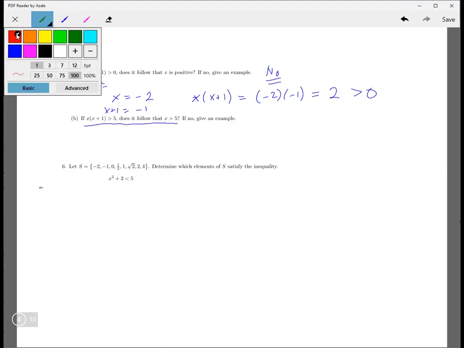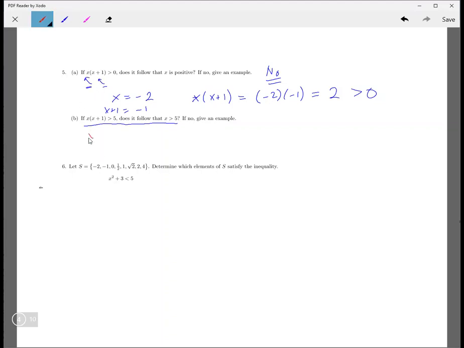You could just say x is 4, for example, and then x plus 1 is 5, and then x times x plus 1, that's going to be 4 times 5, which is 20, which is greater than 5. So here's a value that does that. So the answer is no for that one too. And there's the value. That's no. There's a value, an example.